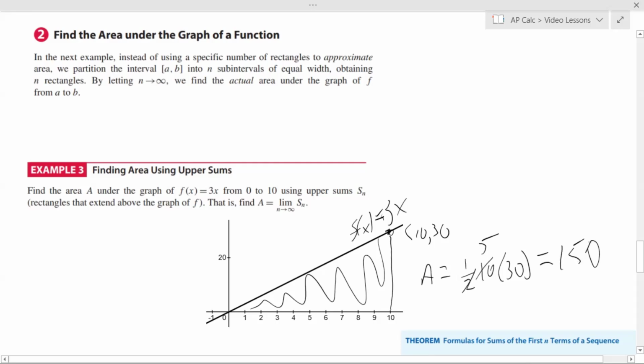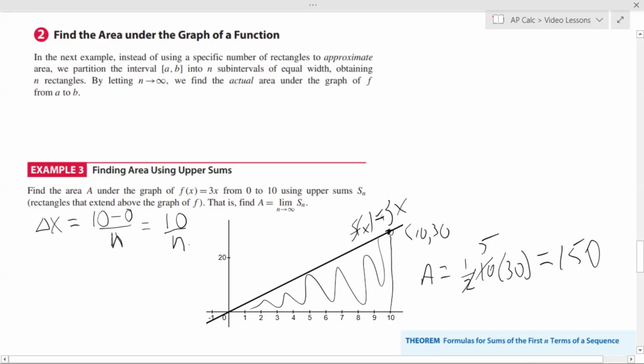Okay. But I want to actually use calculus to determine the area under the graph here. So I'm going to use delta x, which is b minus a, 10 minus 0 over n. And remember, I'm going to just use a general number of rectangles, so this formula simplifies to 10 over n.